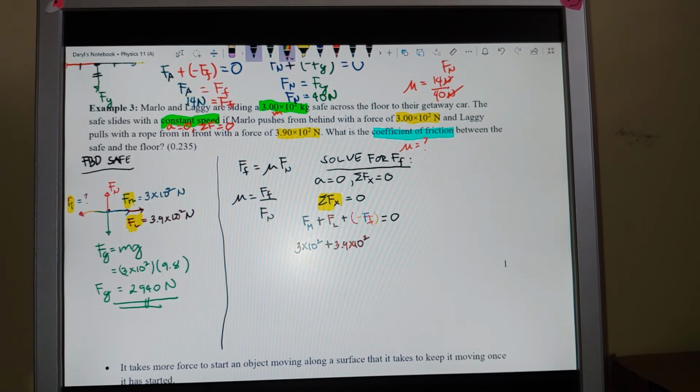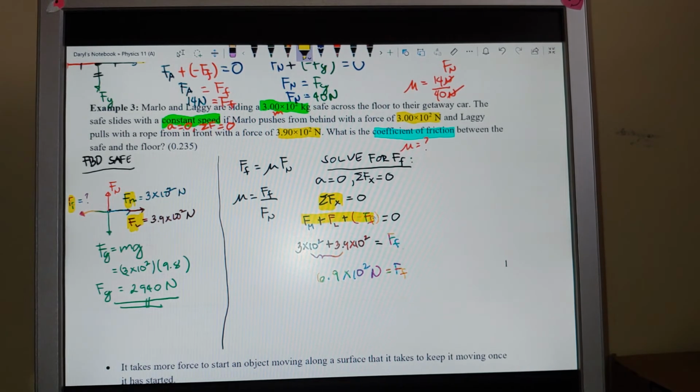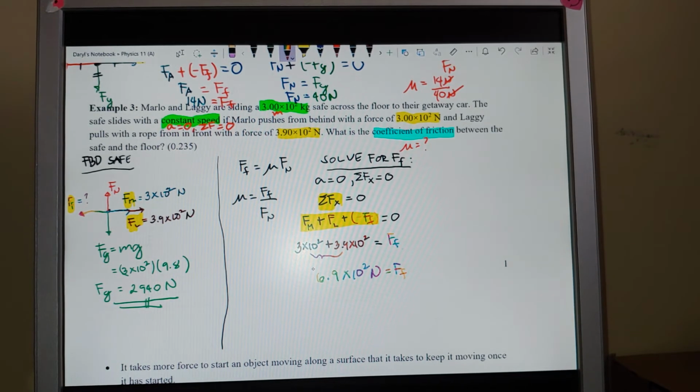If I transpose FF to the other side, the magnitude of FF is just the sum of these two, which gives us 6.9 times 10 to the power of 2 newtons. That's the magnitude of the frictional force.